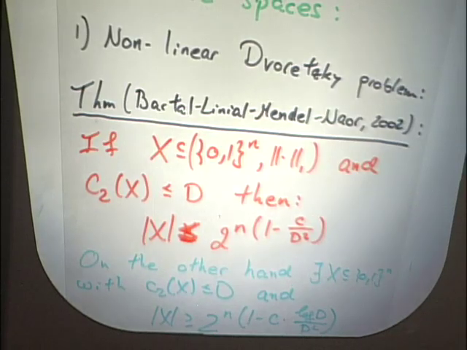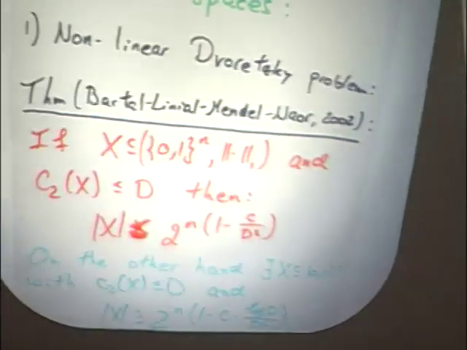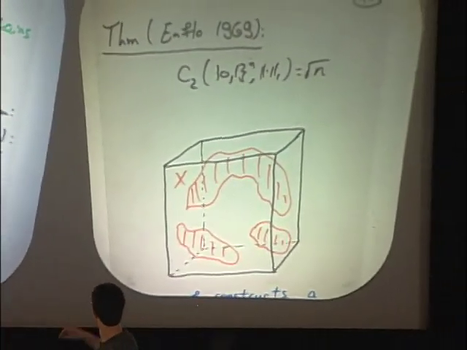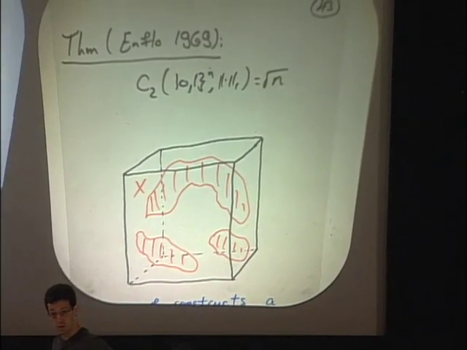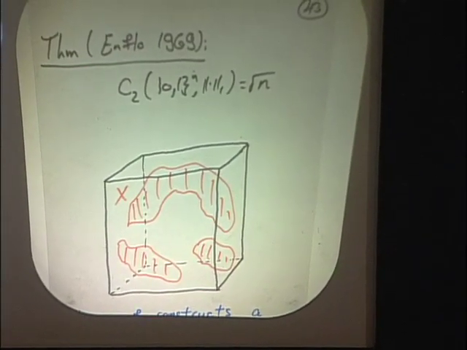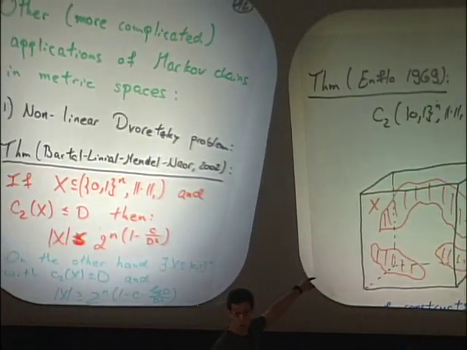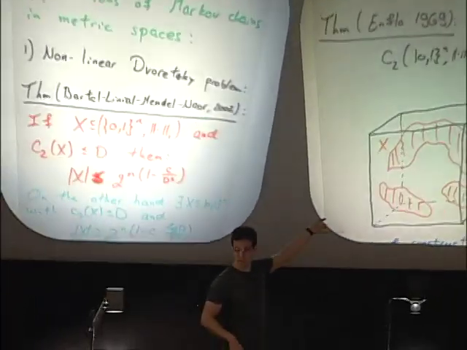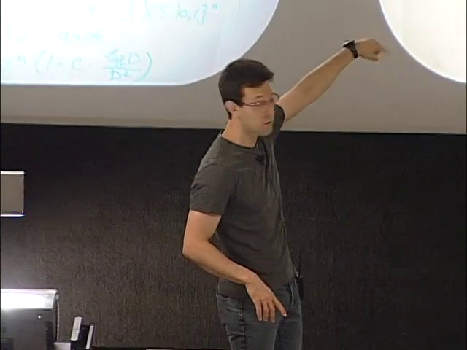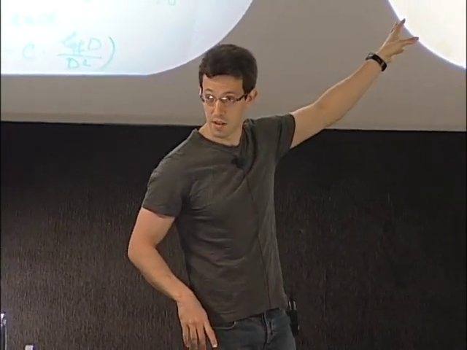Enflo proved in 1969 that the entire cube requires root-of-the-dimension distortion. So now I give you some cloud, and actually, if you think about it, the random walk argument, the lemma in Hilbert space that I mentioned, just proves it. Do the standard random walk on the cube and it works. It gives you this root n.